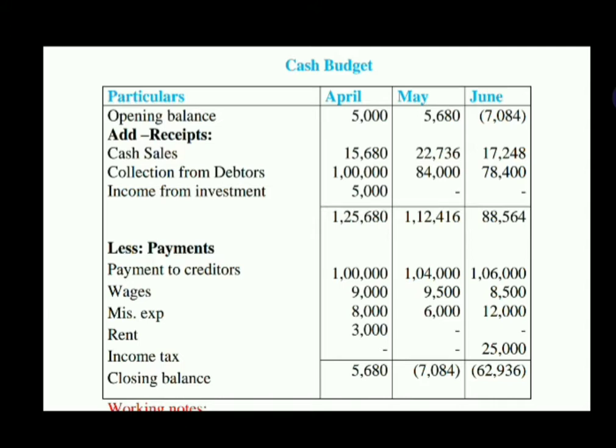See, to the opening balance of cash, we need to add all the estimated receipts for the particular period of time, and we have to deduct all the estimated payments which are related to a particular period of time. And if you deduct the payments, then the amount will be called the closing balance.